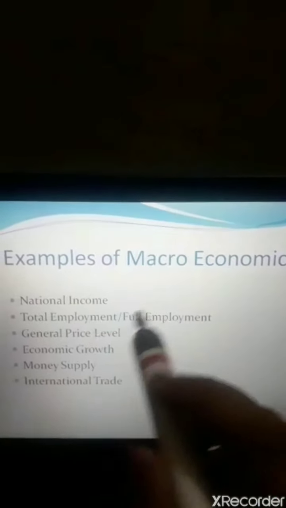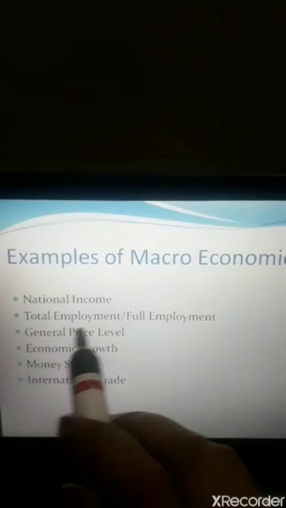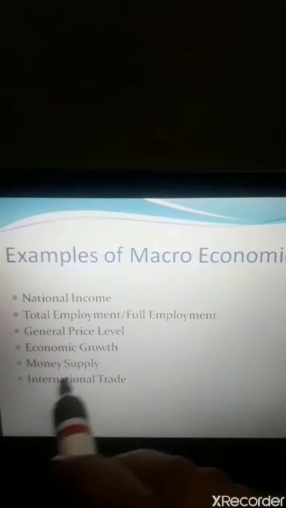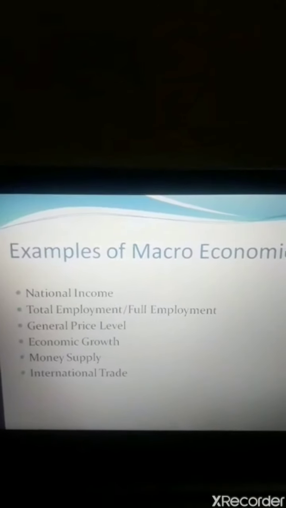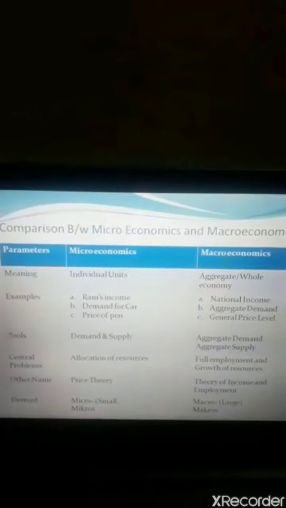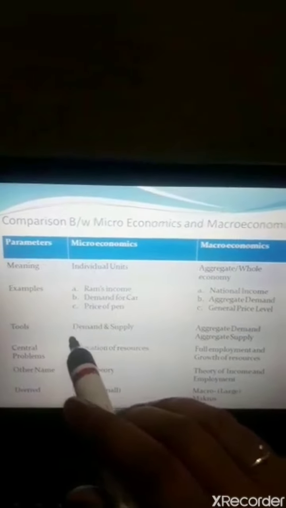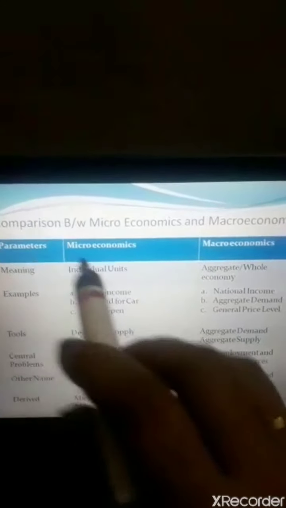National income, total employment, general price level, economic growth, money supply and international trade are a few examples of macroeconomics. Now, you have already studied in detail the difference between micro and macroeconomics in class 11. I am just brushing up your concepts.